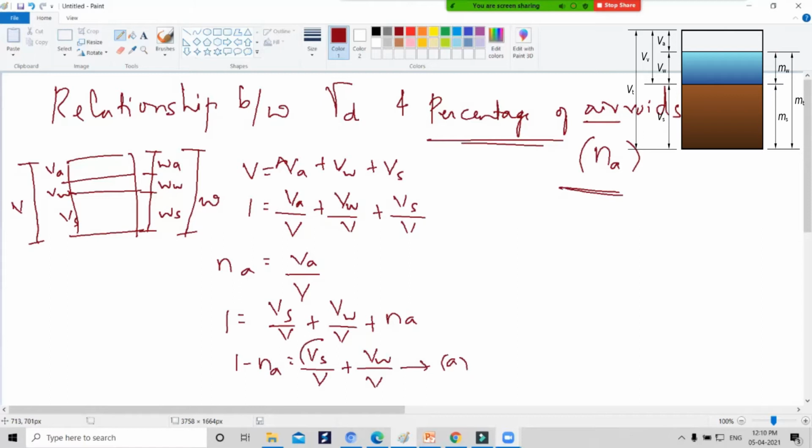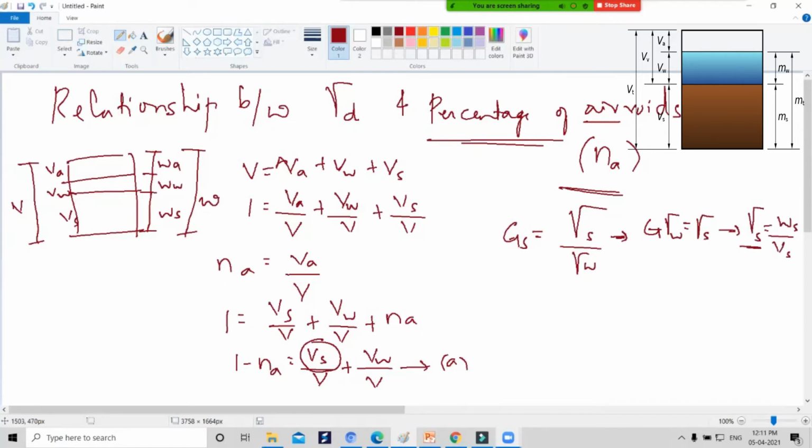Now coming to Vs, we will find Vs with the expressions. By specific gravity, we already know it is the unit weight of the substance or soil to the unit weight of water. If I substitute and cross multiply, I get G rho W is equal to rho S. Rho S is equal to Ws by Vs, the unit weight of solids.